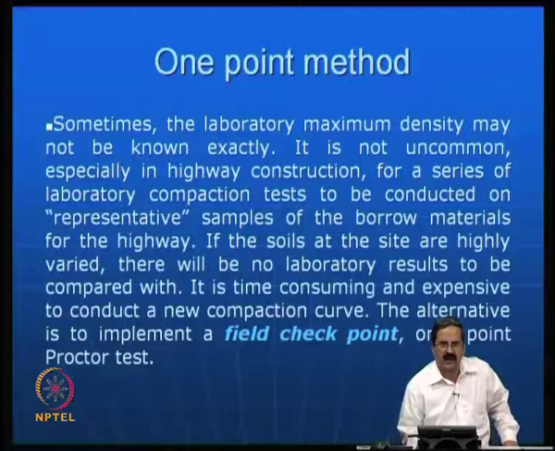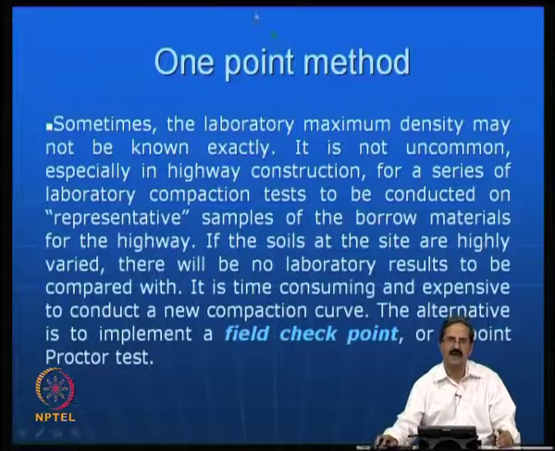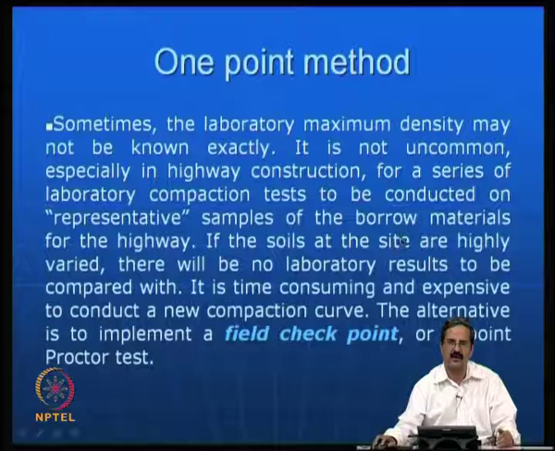You can't get so much material required, so you may have to get a lot of varieties of materials, and sometimes you may not get the maximum density correctly. In the lab itself it is sometimes difficult. It is not uncommon, especially in highway construction, for a series of laboratory compaction curves to be conducted on representative samples of the borrow pit materials to the highway. So, it is not easy.